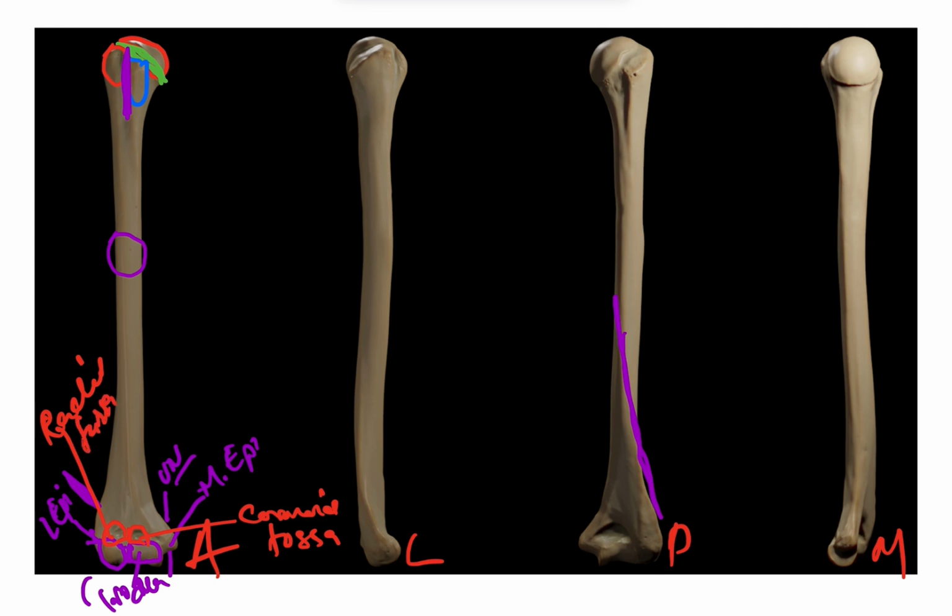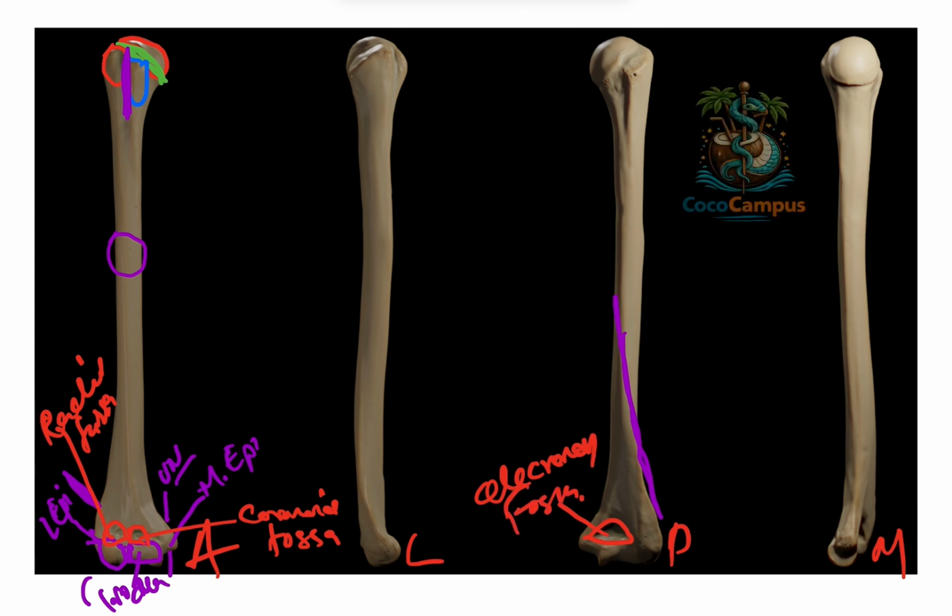And finally, you have the olecranon fossa on the posterior side. It is also a depression. Here's where the olecranon process of the ulna is received, and it can only be seen when the arm is fully extended.